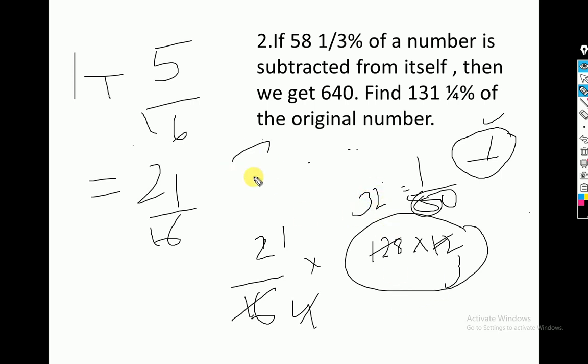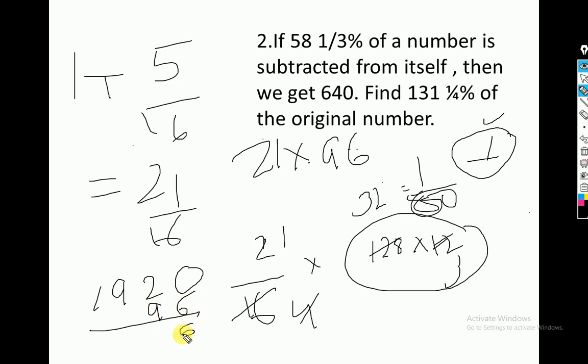So it's 21 into 96. So this comes up to be 2016.